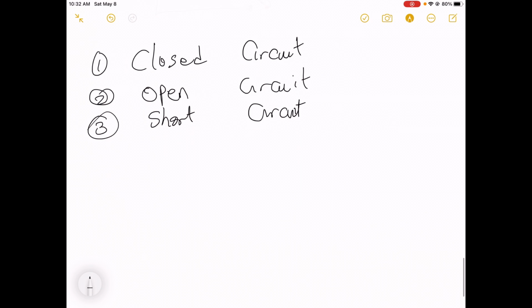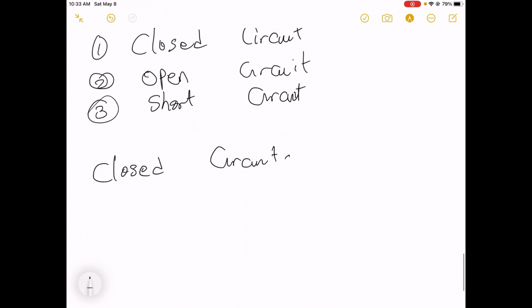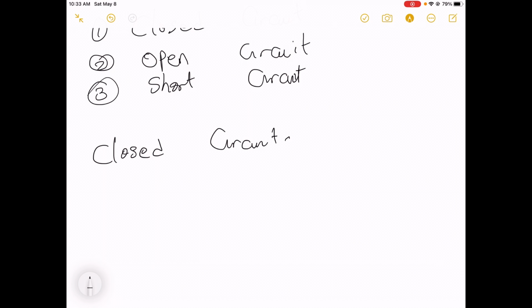So for closed circuit, let me draw a diagram, which I think will be easier to understand. For example, if we have a bulb, or a lamp, that gives out light.